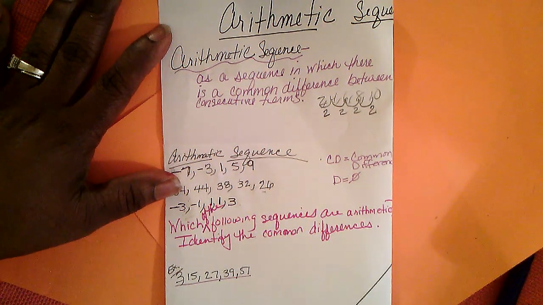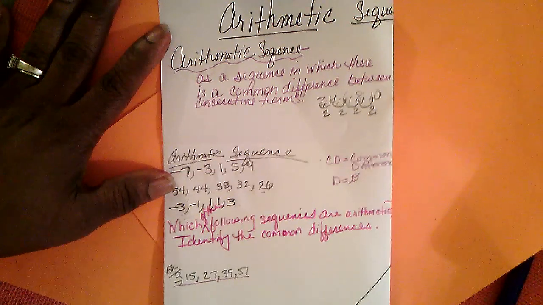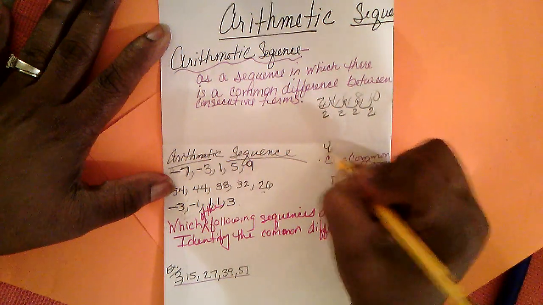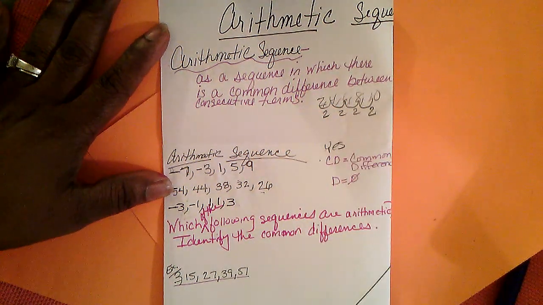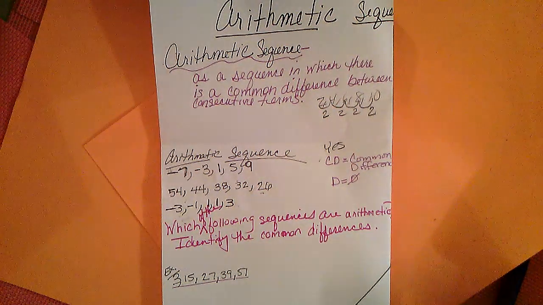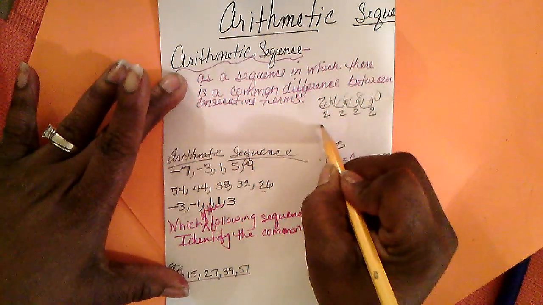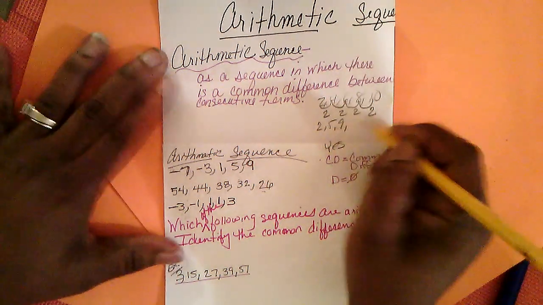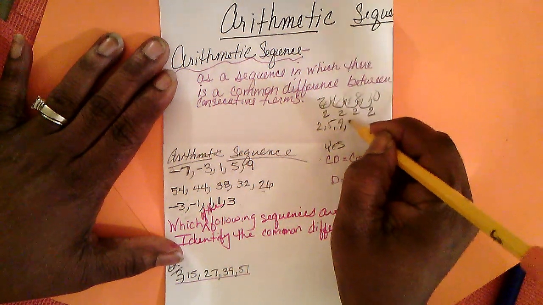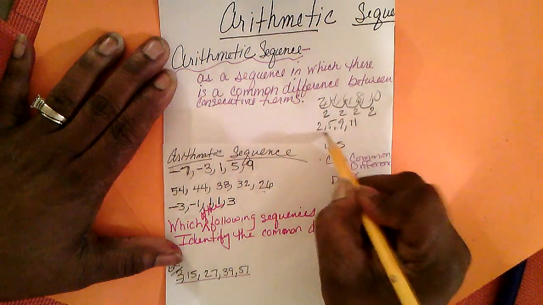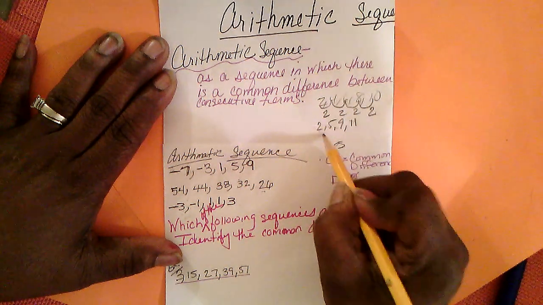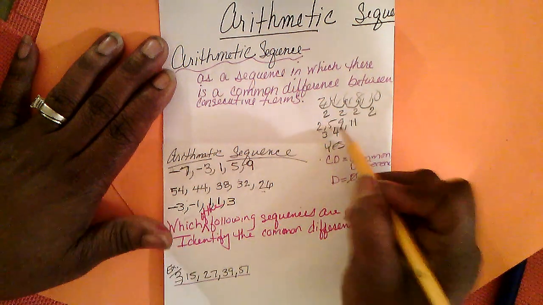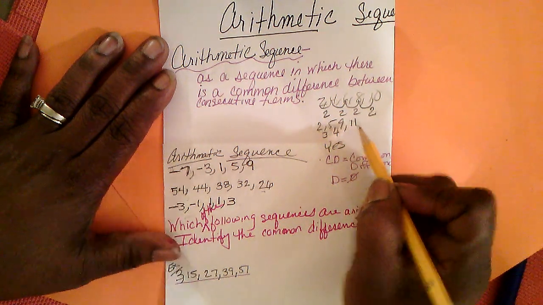If there's a common difference, then it's a yes, and you label it yes or CD for common difference. If it's not common, for instance if we had 2, 5, 9, 11, the difference between 2 and 5 is 3, the difference between 5 and 9 is 4, and the difference between 9 and 11 is 2.